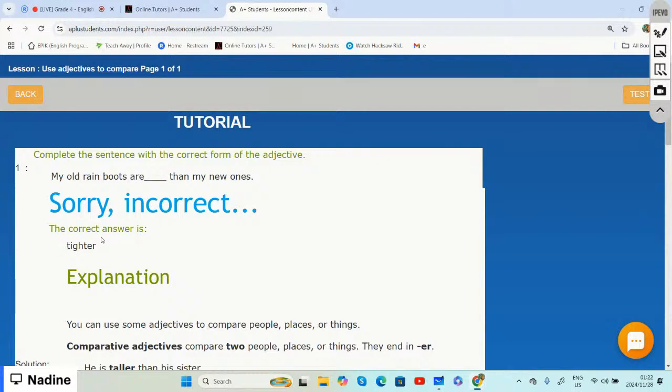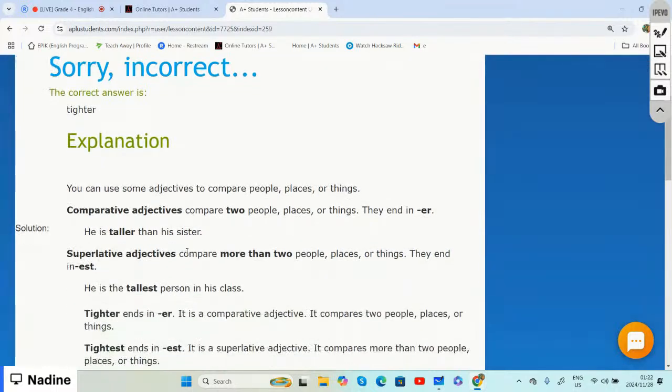All right. So now we're going to use some of the adjectives to compare. We're going to basically look at a few examples of how we can either use comparative adjectives or superlative adjectives. And once again, we said adjectives basically describe a noun, but also when it comes to adjectives, we have adjectives that compare.